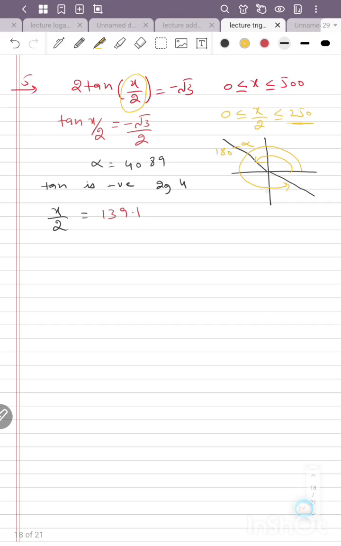If 270 exceeds the 250, we don't need to move from the second quadrant to the third or fourth quadrant. We stick to the second quadrant. Here x is 2 multiplied by 139.1, and we get the answer 278.2. Hopefully dear student, you understand this level of questions.